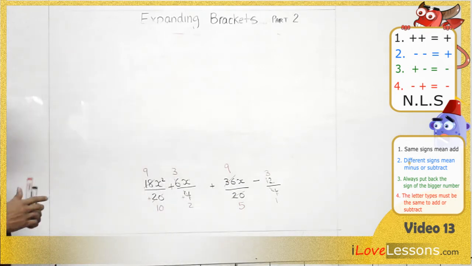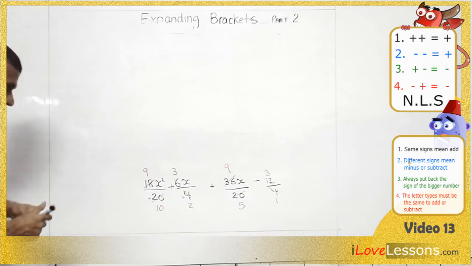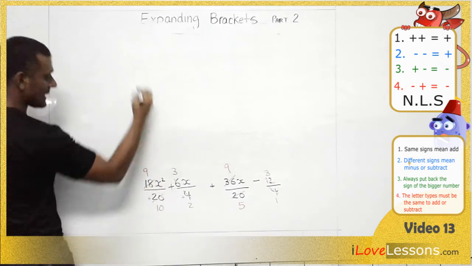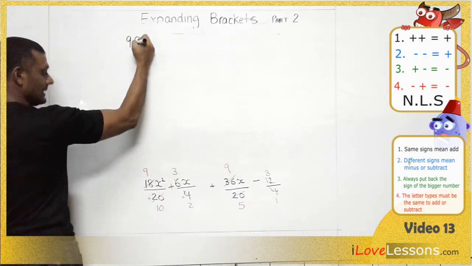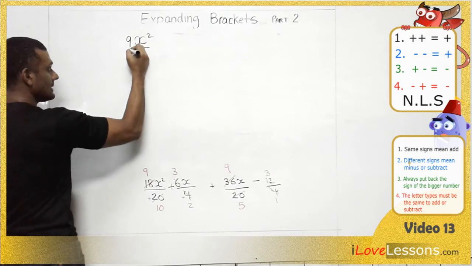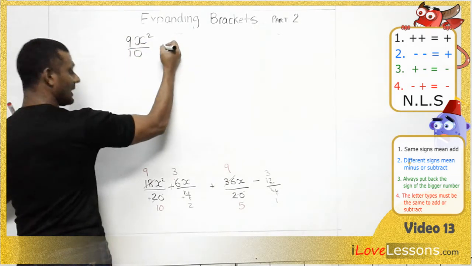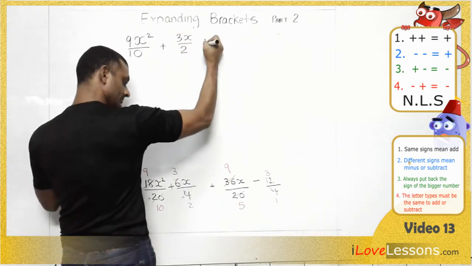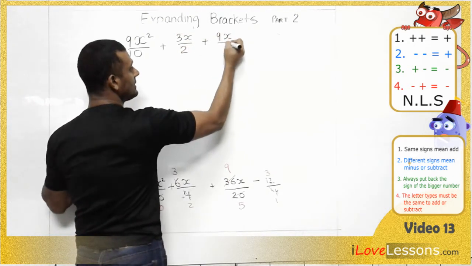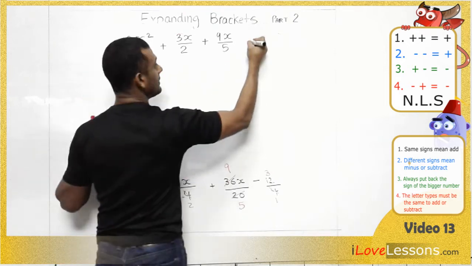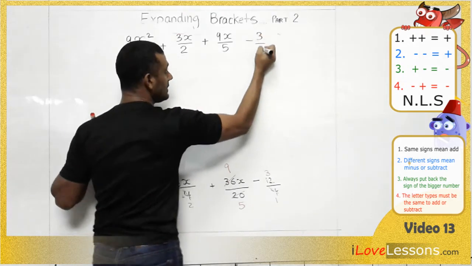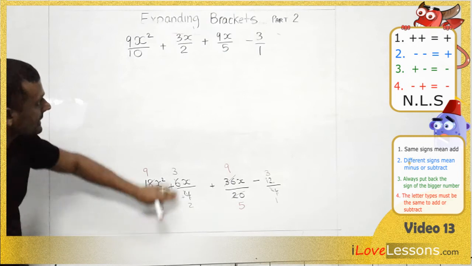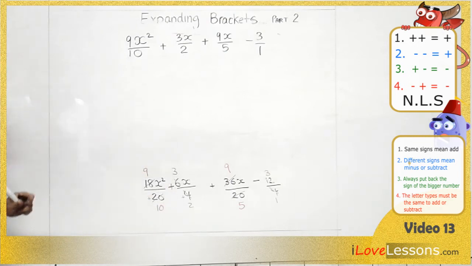So I try my best to simplify it first. Now, let's write backwards. We'll have 9x squared on 10 plus 3x on 2 plus 9x on 5 minus 3 on 1. So I wrote back the simplified version here.